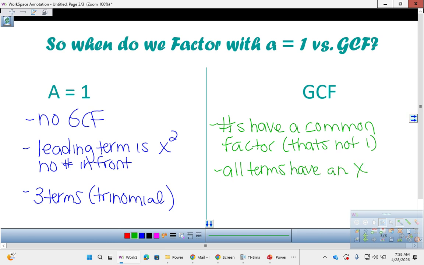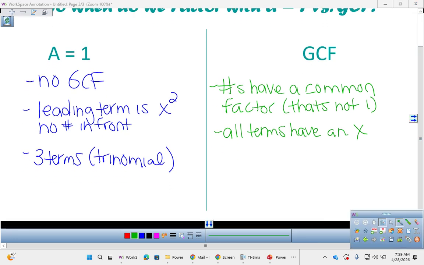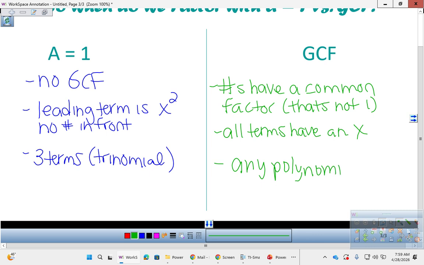I'm going to say x, but it could also be a y or a c. If all of the terms have a variable, then there's a GCF. It might not be a number, it's a variable. In terms of number of terms, it can be any polynomial. It can be 2 terms, it could be 10 terms. GCF doesn't care how many terms there are, whereas A equals 1 does.